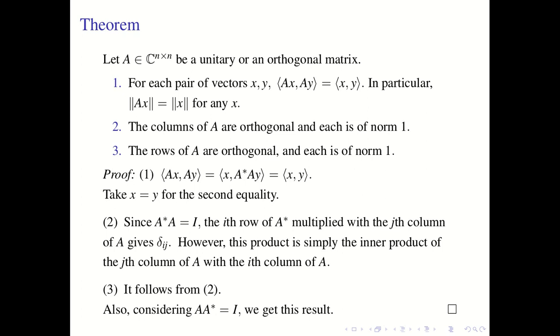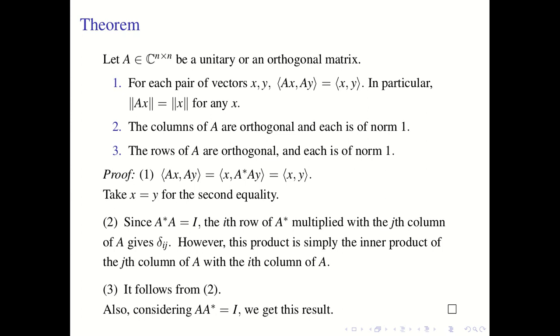By taking x equal to y, we get the second equality, that is norm of Ax. Norm of Ax square is nothing but inner product Ax, Ax, which is the same as inner product xx, which is the same as norm x square. So therefore the second equality follows.